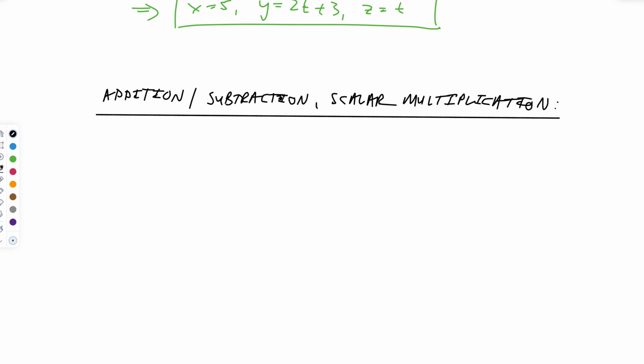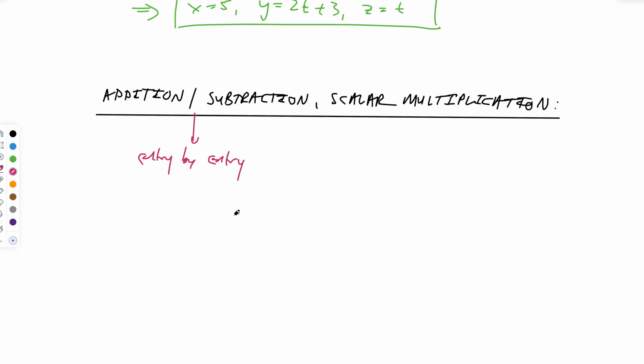This should make a lot of sense as well, but if you're going to add or subtract, you would just do these entry by entry, right? Note again, the caveat is they have to be the same dimensions. If they're not the same dimensions, then there's no way to add or subtract the corresponding entries, so it wouldn't make any sense.